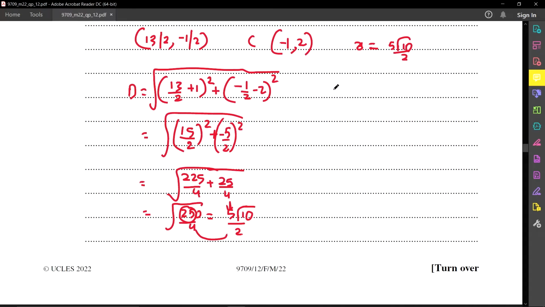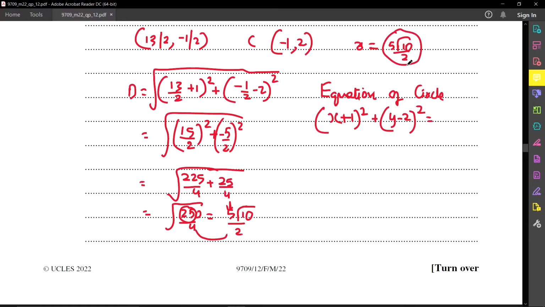Therefore, the equation of the circle is x plus 1 whole square plus y minus 2 the whole square equal to r square. Here r is this. So the square of that will give you 250 by 4, and 250 by 4 can also be simplified to 125 by 2, or 62.5.